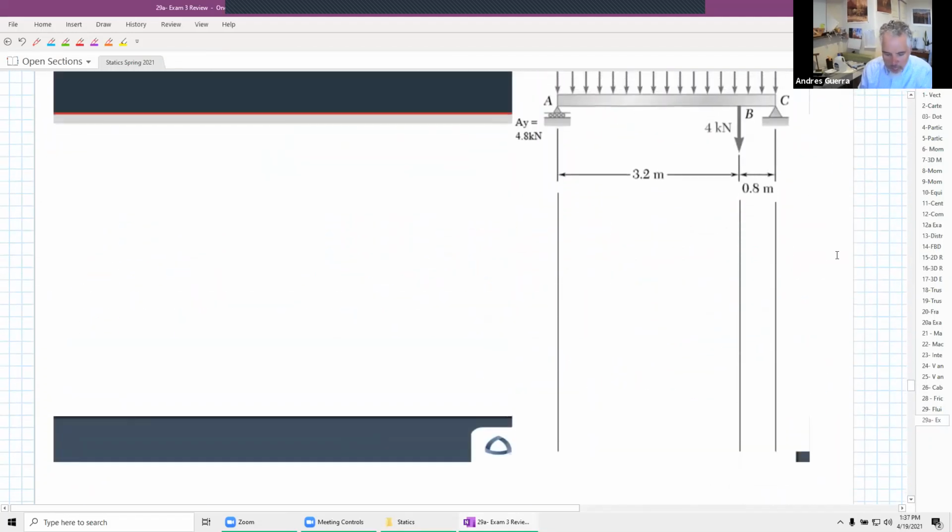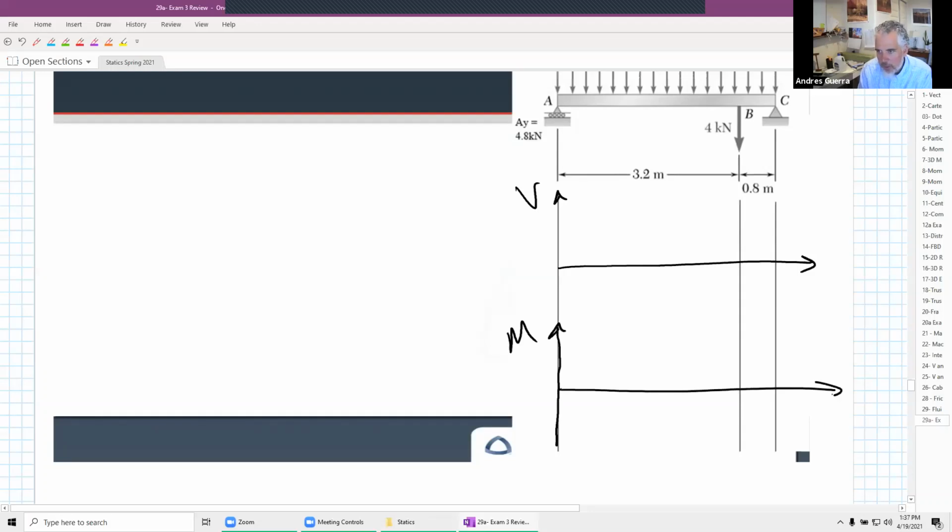Okay, let me draw the shear diagram on here, and then we already drew it, so I'm basically just copying it back on, and then we will do the M diagram. So here's our V, and then let's do the M right below that one, right there. So our V diagram looked like this here.